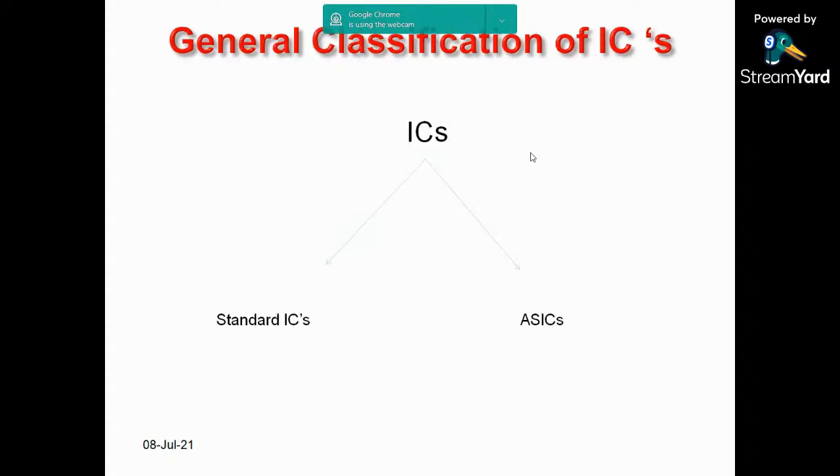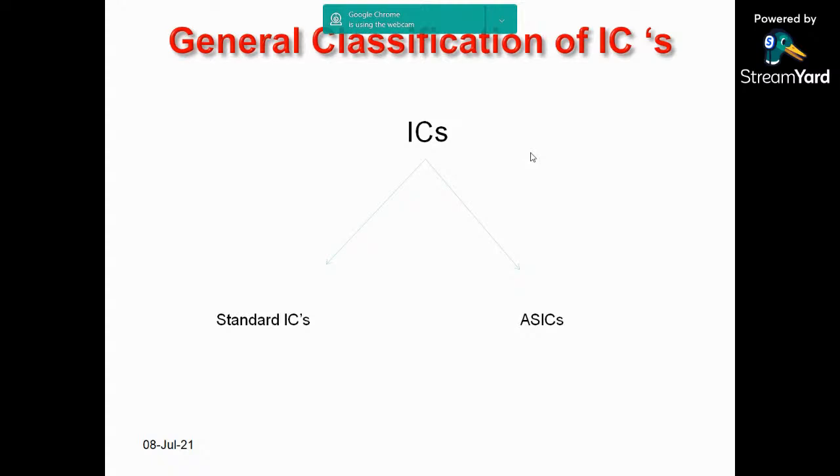Okay, now coming, let us see. So when I say integrated circuit, when you see the classification, say you go to a market and buy an IC. All those ICs are actually nothing but standard ICs. You go to maybe all the famous markets, Richie Street.